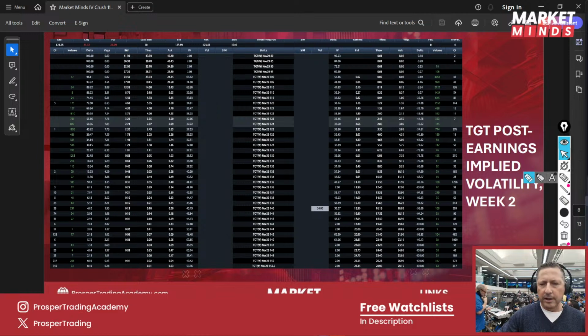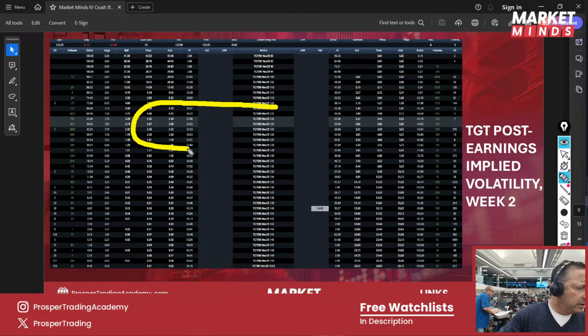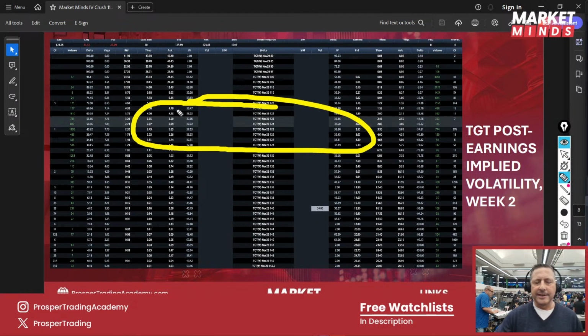And here is where we are as of an hour ago. 36. We had modeled it at 35. Does everybody see that? Again, we're not going to be exact. However, we can always be pretty darn close.